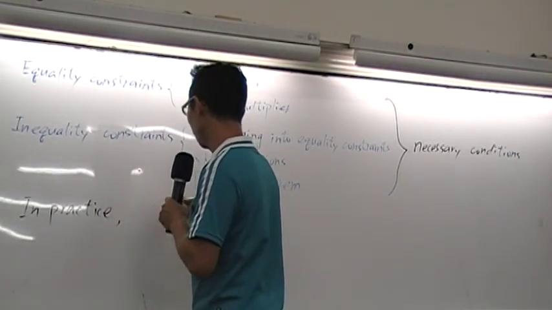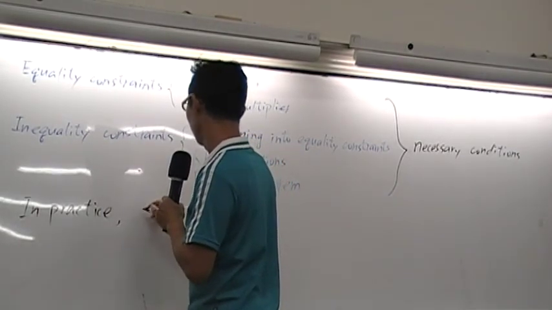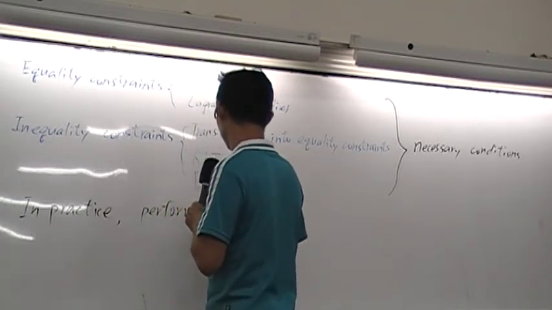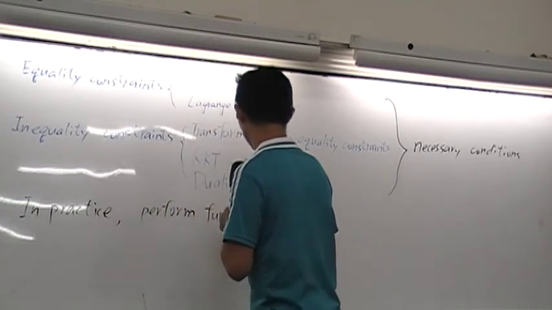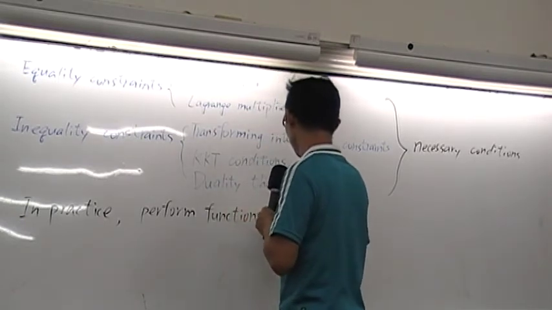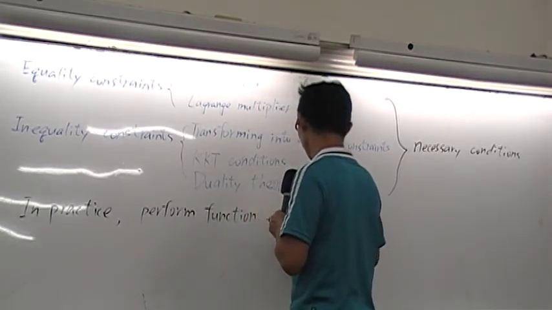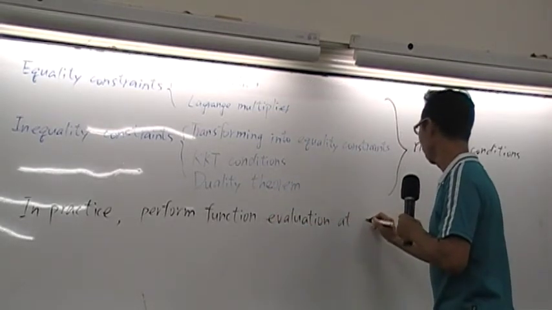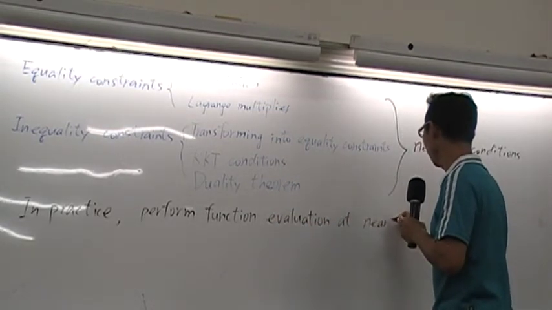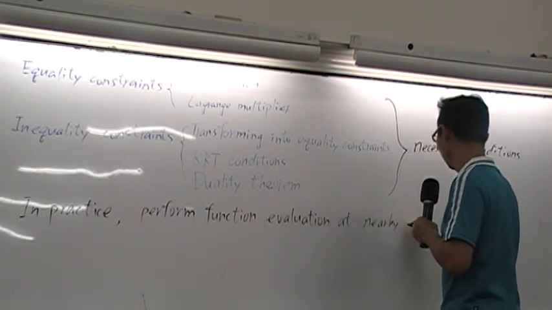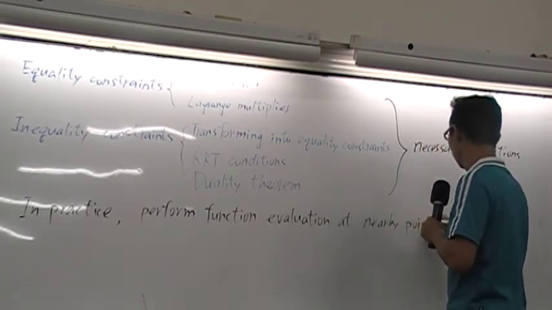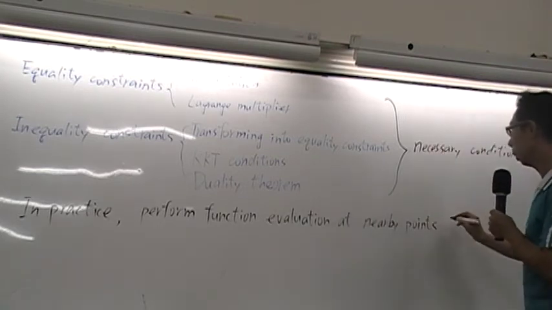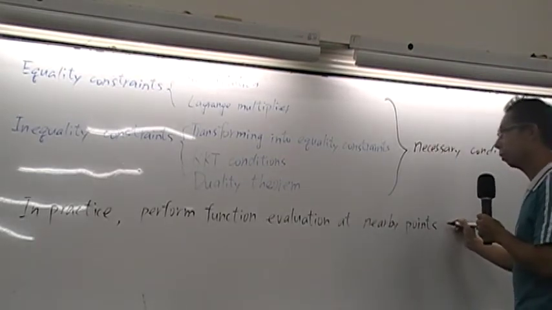Okay, but that kind of method will be very tedious. Okay, so in practice, we just perform function evaluation at nearby points. Okay, and of course those nearby points should still satisfy the constraints.